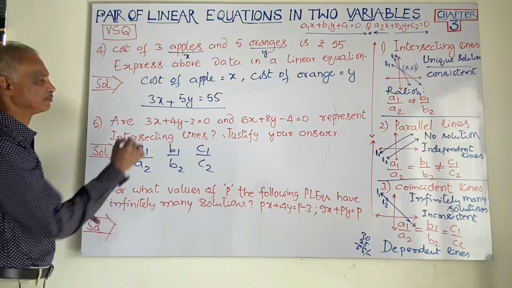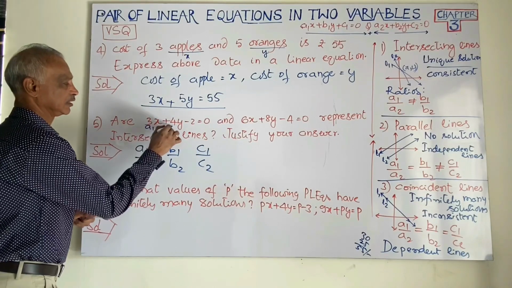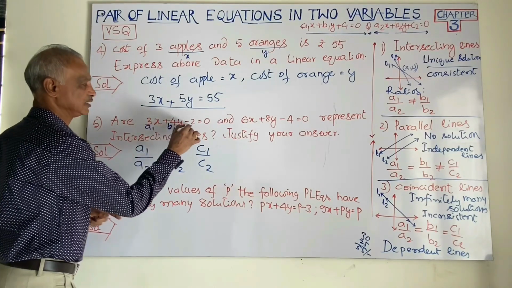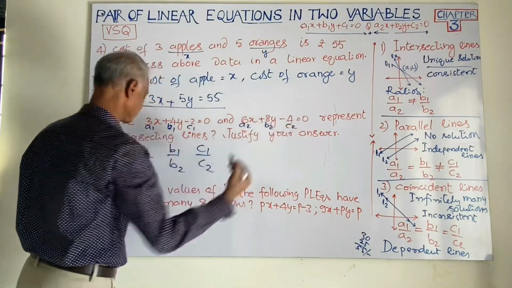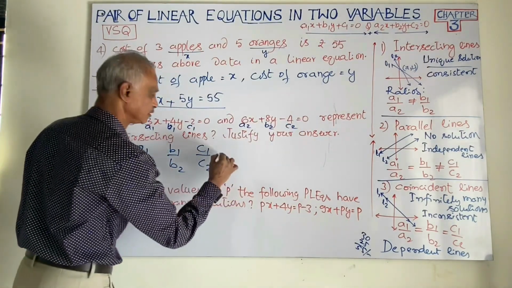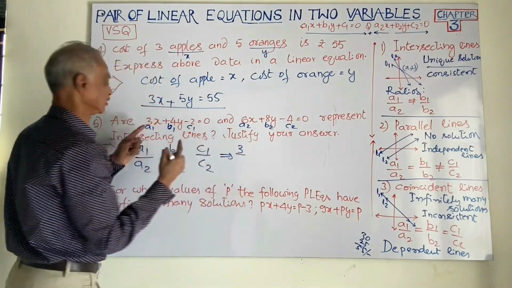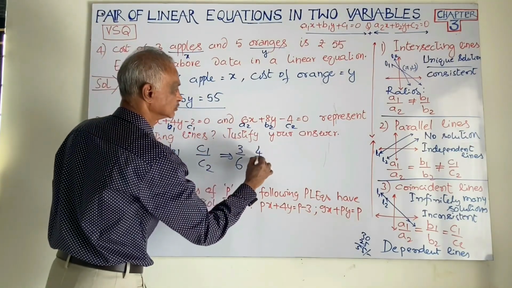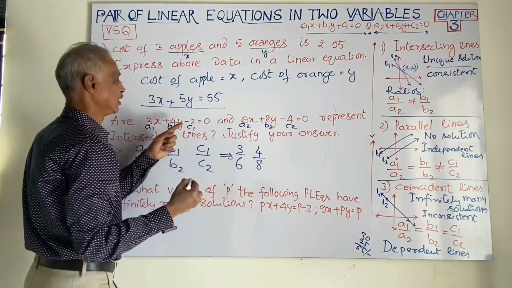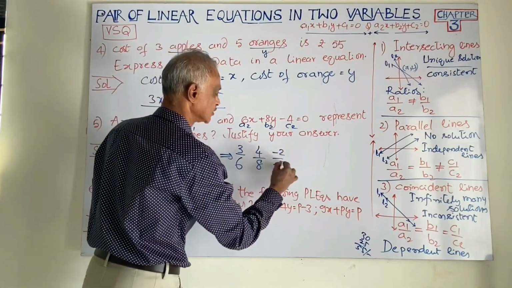See, what is A1 by A2? This is A1, B1 and C1. This is A2, B2, C2. Here A1 by A2 is 3 by 6, B1 by B2 is 4 by 8, and C1 by C2 is minus 2 by minus 4.